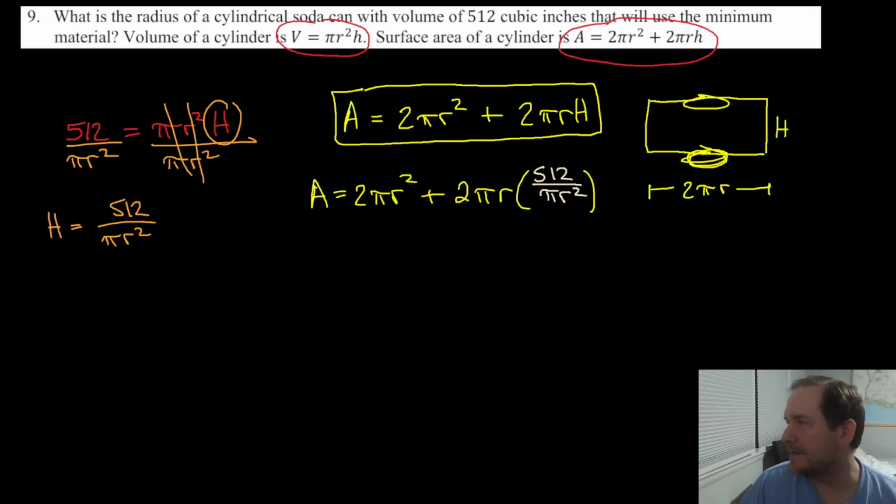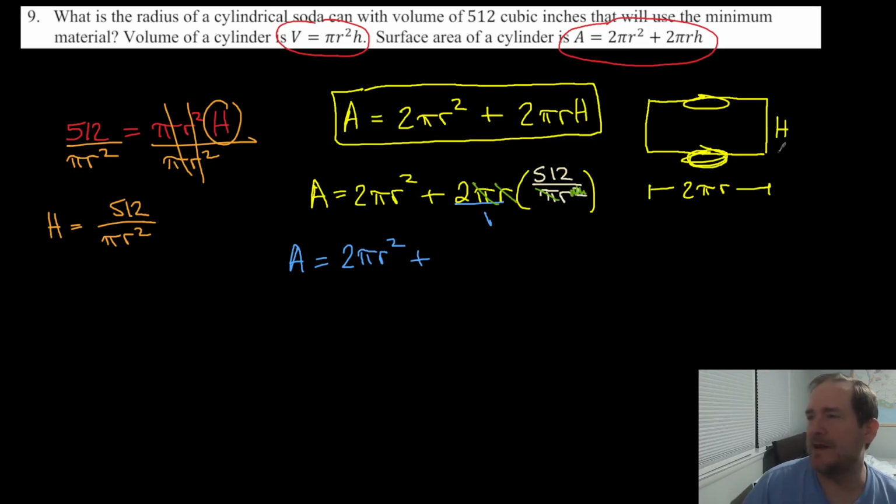All right, and now I'm going to want the derivative of this, so I'm going to want to clean up first. So we get A equals 2 pi r squared plus, let's see, this is all over 1, right? So I can't help but think that these pi's cancel, and that this r cancels one of these r's.